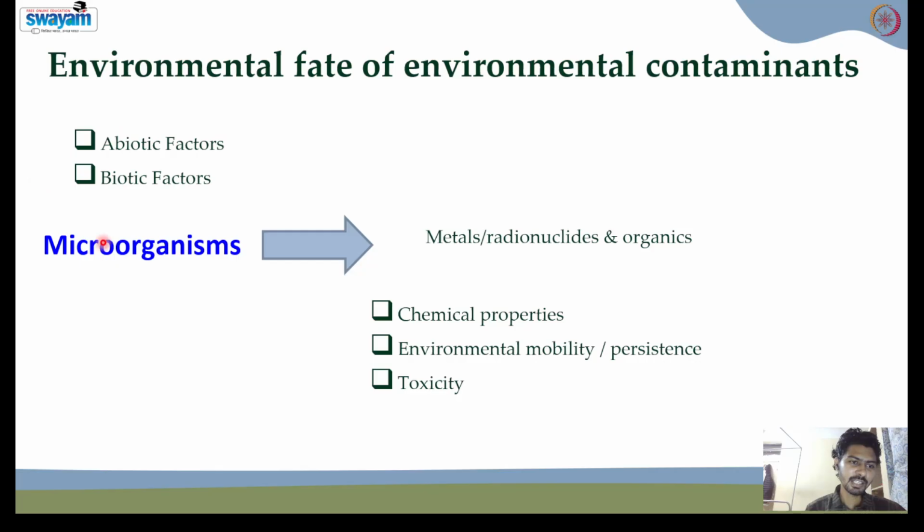Whereas biotic factors represent the microorganisms. It can be prokaryotes, eukaryotes, yeast, fungi, anything. So any living matter is regarded as a biotic factor. Any non-living matter, which is mostly the environmental condition, is regarded as an abiotic factor. And these two factors determine the fate of environmental contaminants.